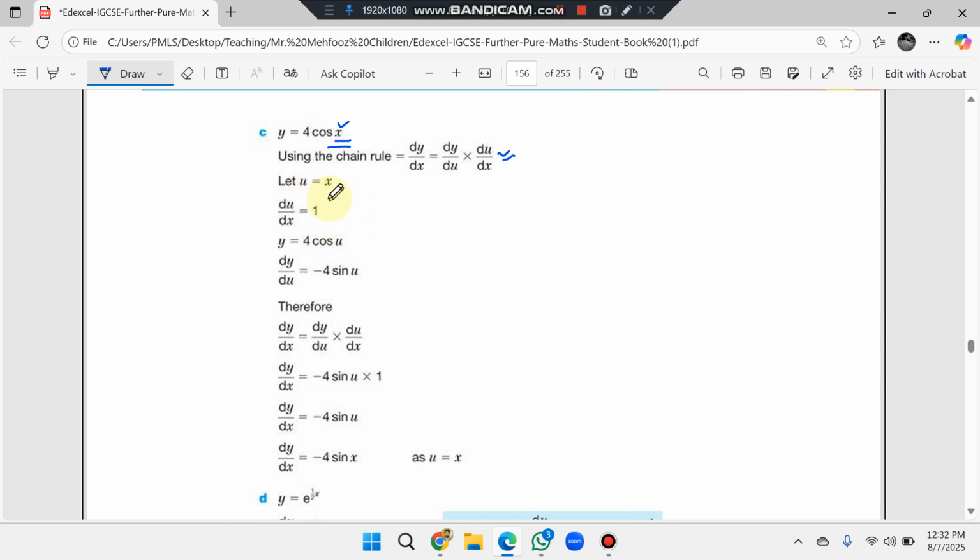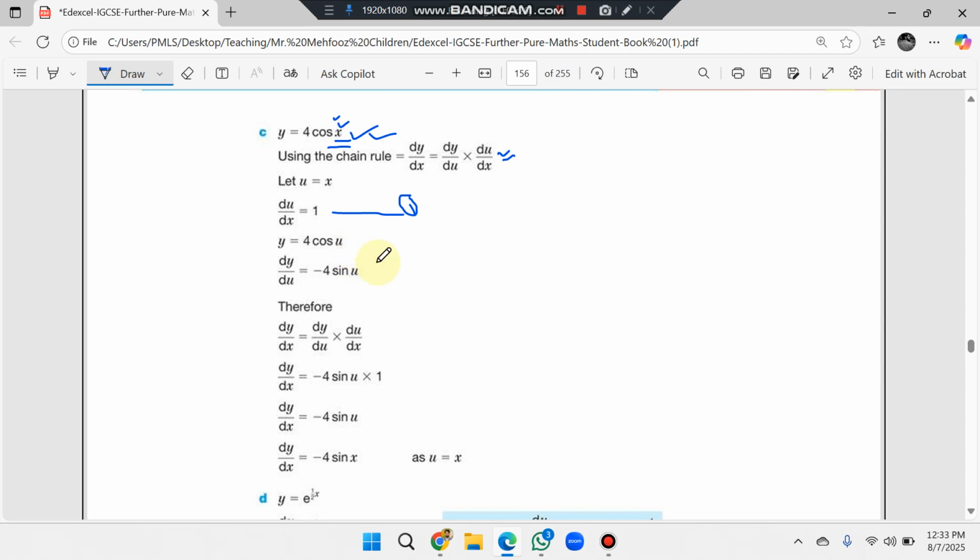That is simply 1, right? The derivative of x is 1, so we can write it as 1. So here is equation 1. Also, when you put the value of x, that is u, into the first equation, it will become y is equal to 4 times cos, here is x, but now we use u, so 4 times cos u. Any problem?